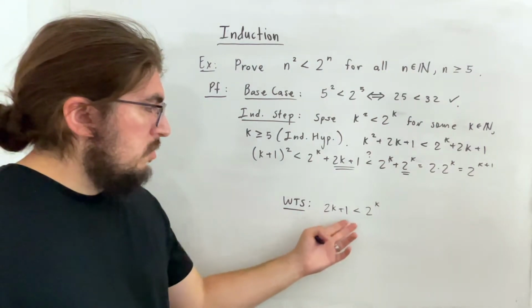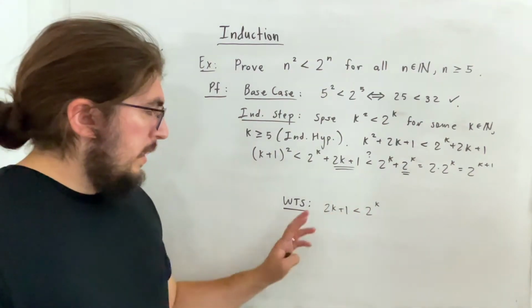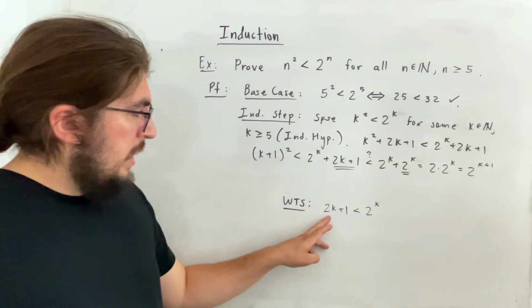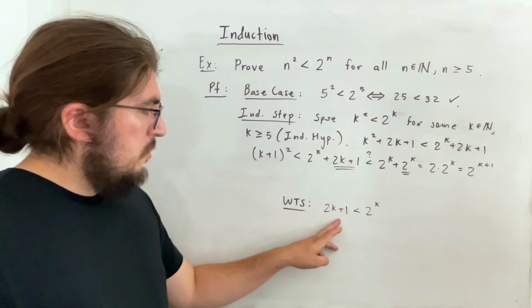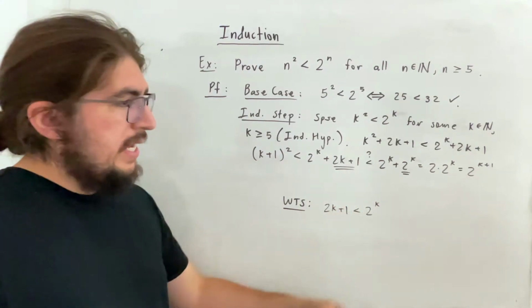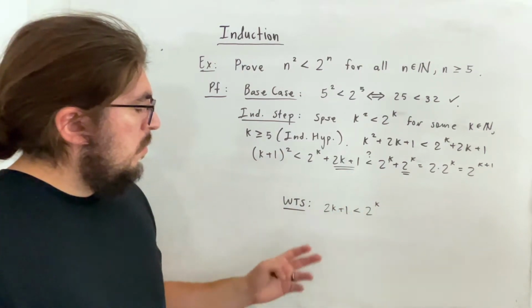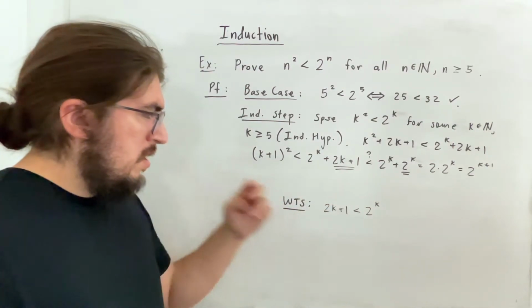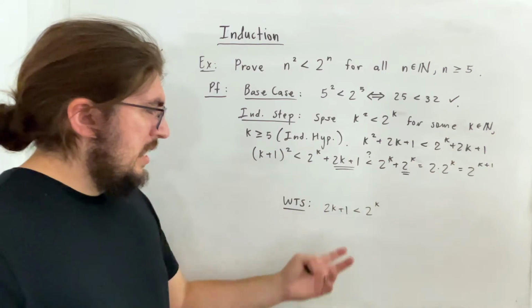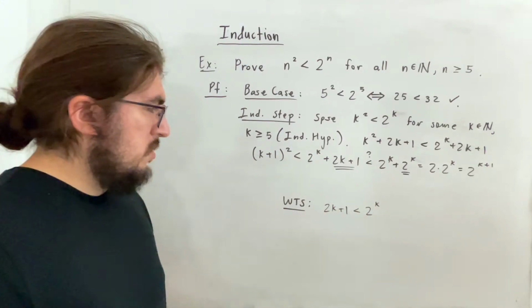Notice when k is equal to 1, it's not true. When k is equal to 2, we get 5 is less than 4, that's not true. When k is equal to 3, 7 is less than 8, that's true. When k is equal to 4, we get 9 is less than 16, so that's true as well.